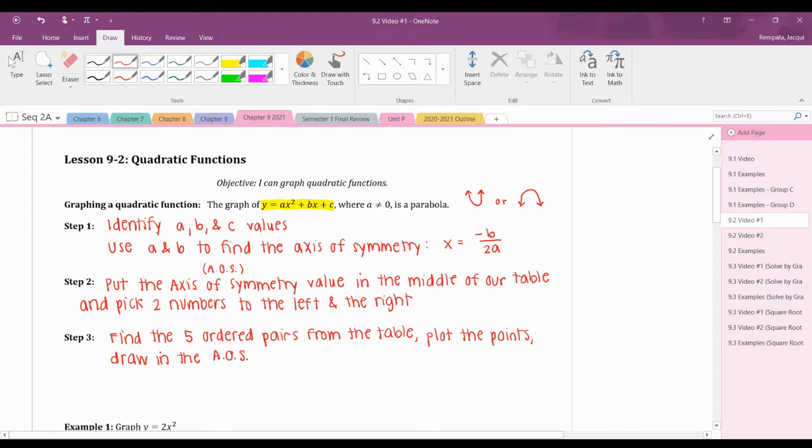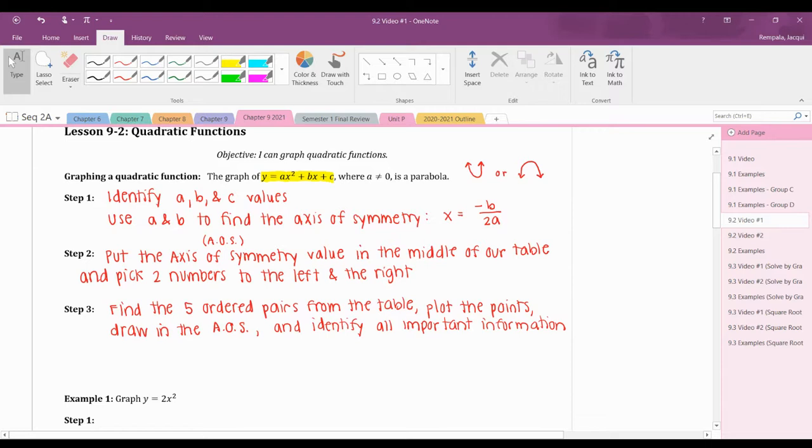So we're going to draw in the axis of symmetry and identify all important information. Okay, so let's take those 3 steps and let's start doing some practice problems.